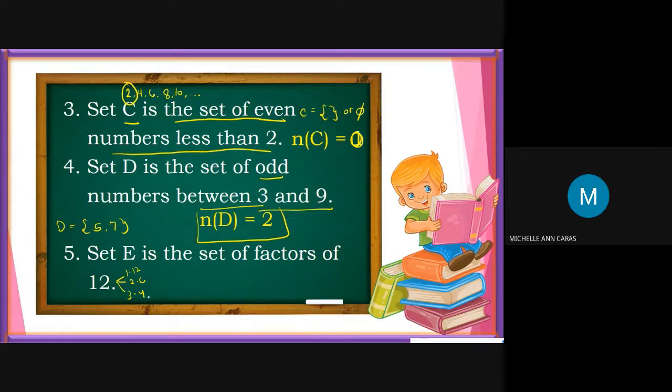Okay, wala na sang ibang factors ang 12. So, ibig sabihin, pila ni siya tanan class? So, bilangon ta lang siya. 1, 2, 3, 4, 5, 6. So, cardinality of set E is equal to 6 since si set E, mera siya sang 6 ka factor sang 12.